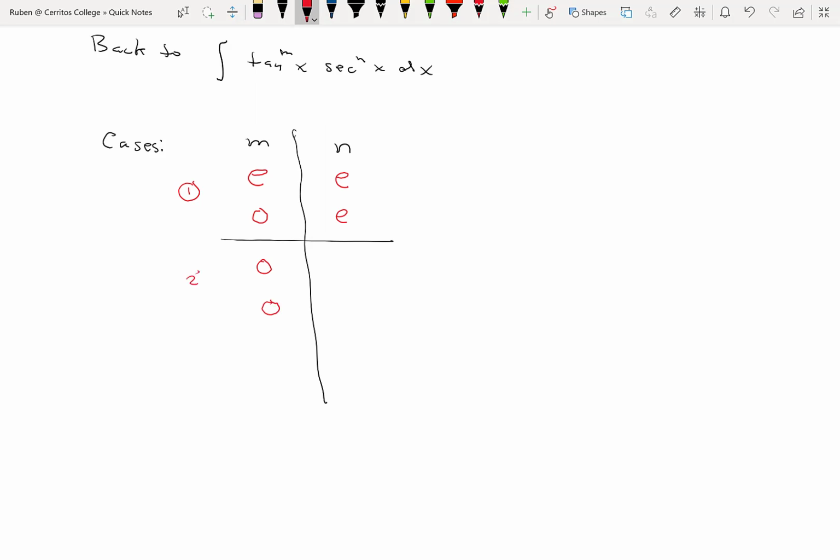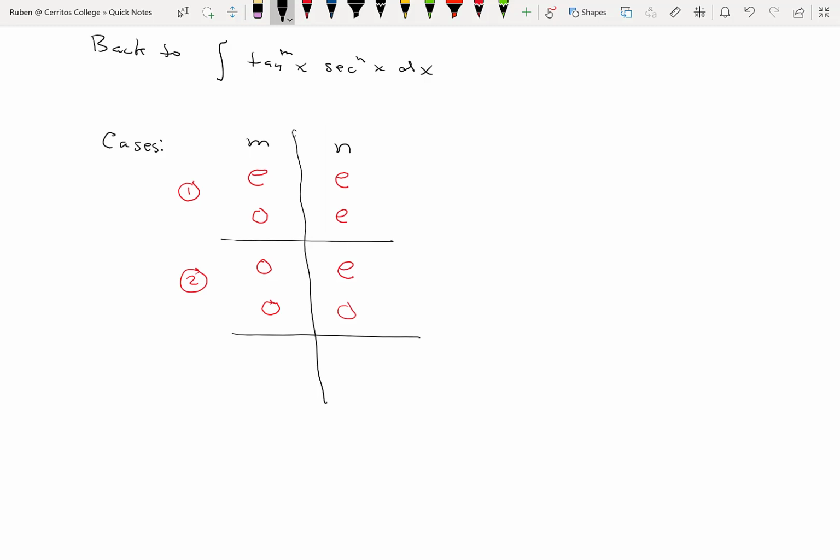This is case 2, in which case you could have n even, and this overlaps from case 1, and that's okay. Or m is odd and n is odd.